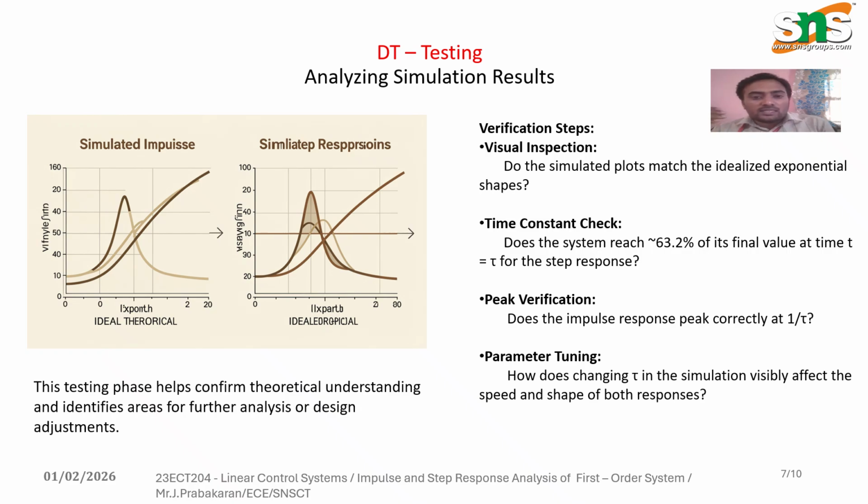Tau is nothing but the time constant. And third step is peak verification. Here, we check if the impulse response peaks correctly at 1 by tau. And finally, parameter tuning, observing how changing tau affects system response.